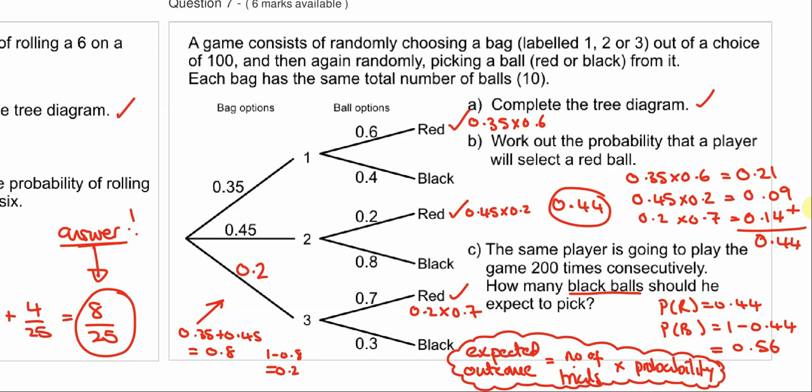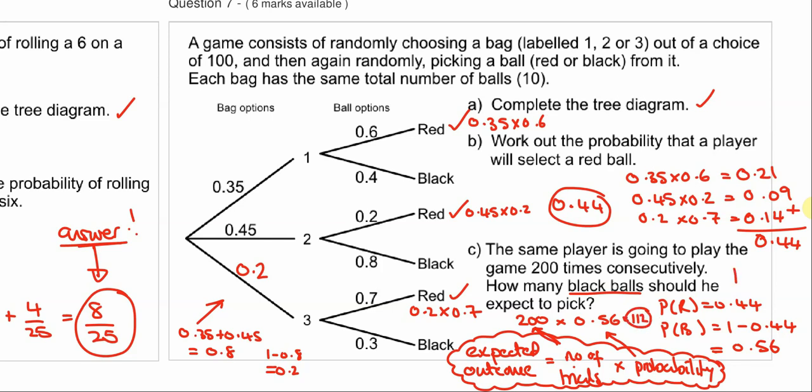So what we do need to do here is to do 200 times by 0.56. That's my probability. That's my number of trials. So if I do 200 times 0.56, I'm going to get 112.